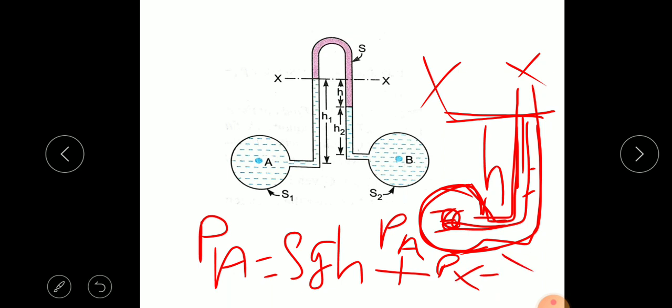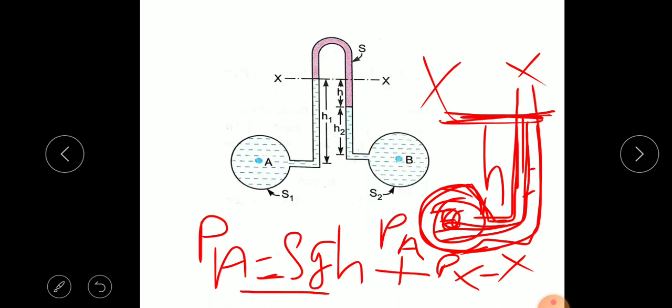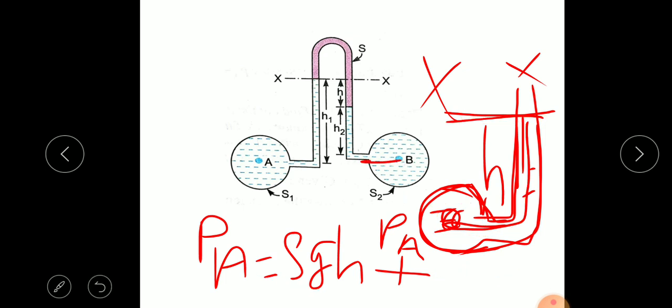So when we have to calculate the pressure, we subtract rho g h, giving Pa minus rho g h. So the pressure in the left limb below the XX line will be Pa minus rho g h. On the right side again it is the same; there are two fluids. One is the fluid for which we are measuring pressure, and the other is the manometric fluid.